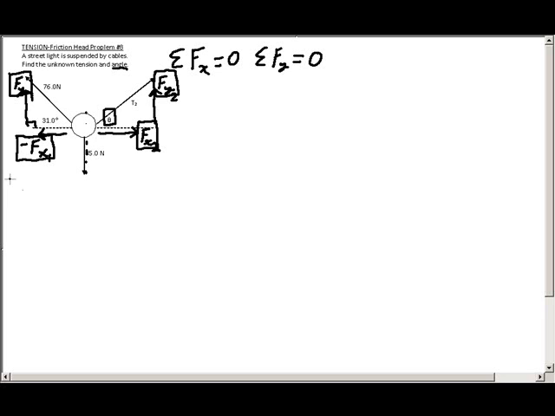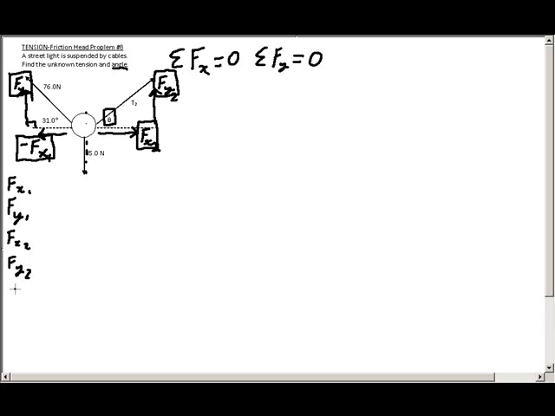So notice what I'm about to do here. It's kind of a nice organizational tool. I'm going to solve for f of x1, f of y1, f of x2 and f of y2.